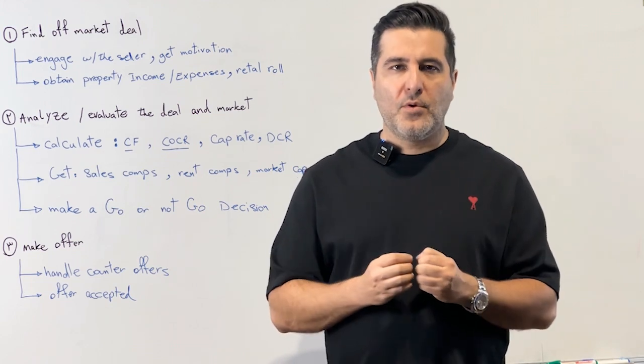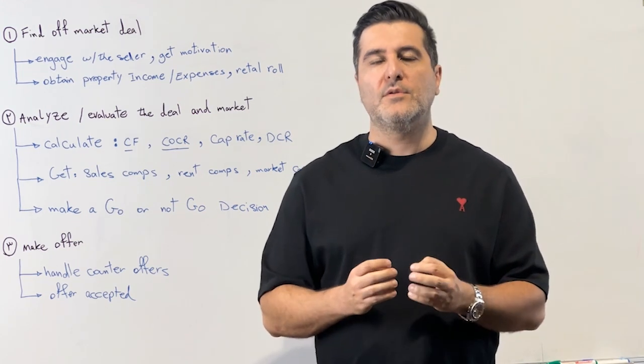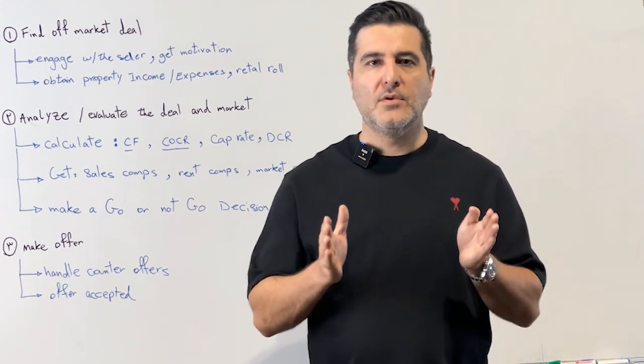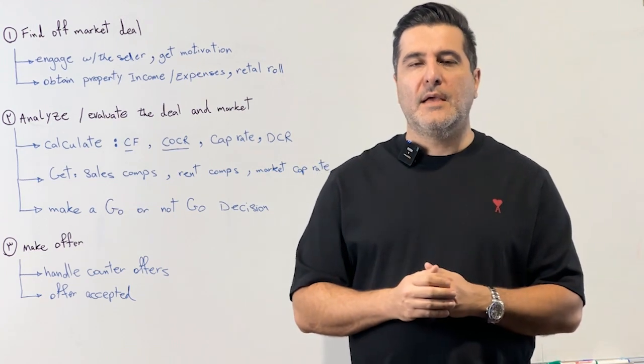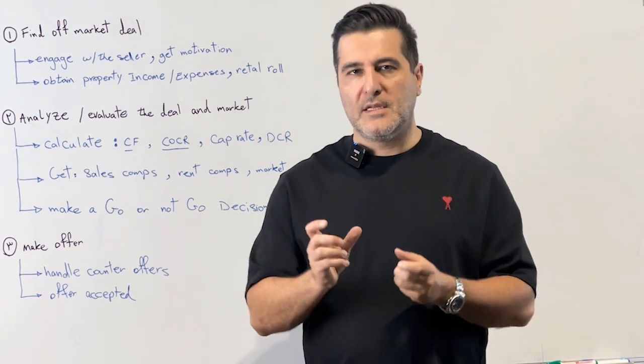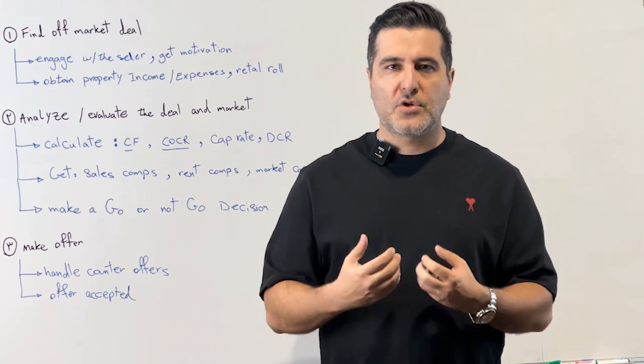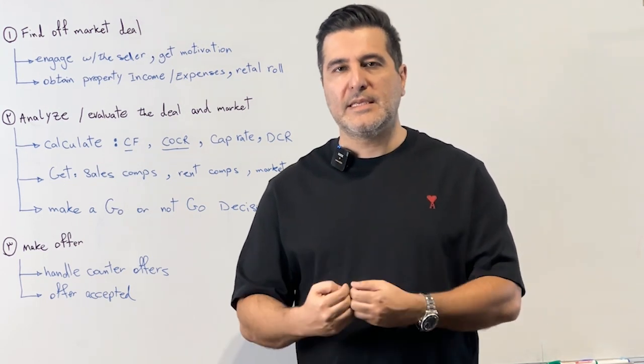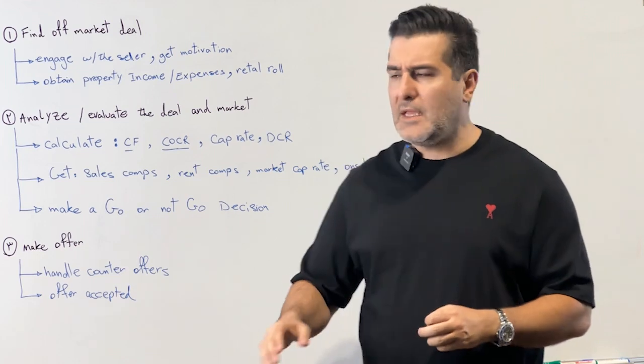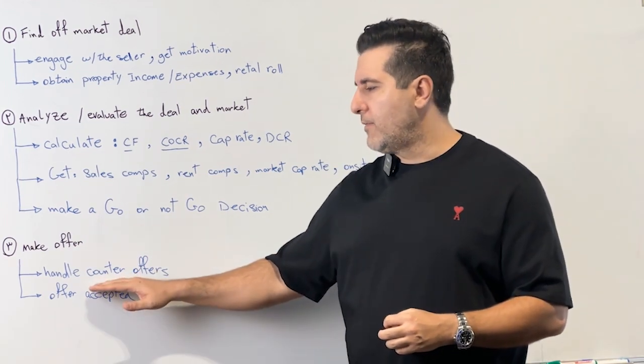So at that point, in your offer, you can write down this stuff and you can attach a little inspection report that you have done on the property, and you can try to see if you can get a discount from the seller, which we call a counter offer.